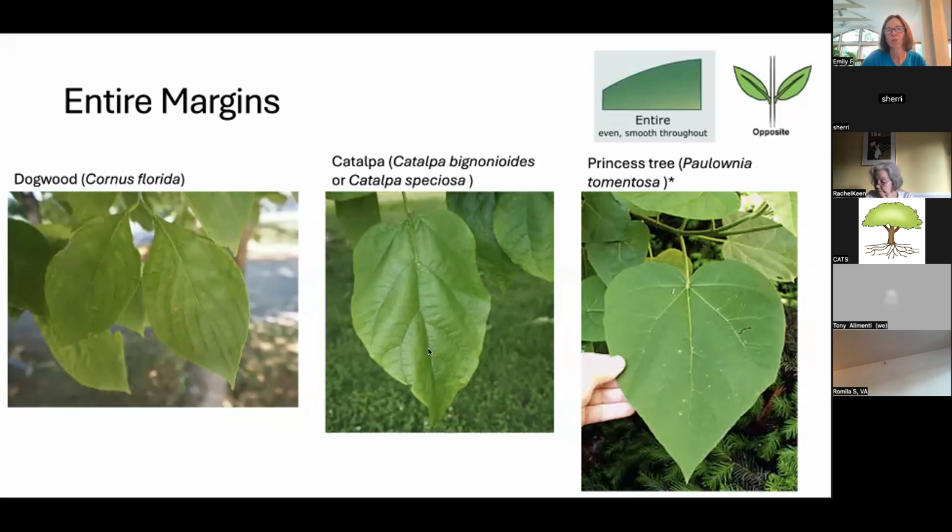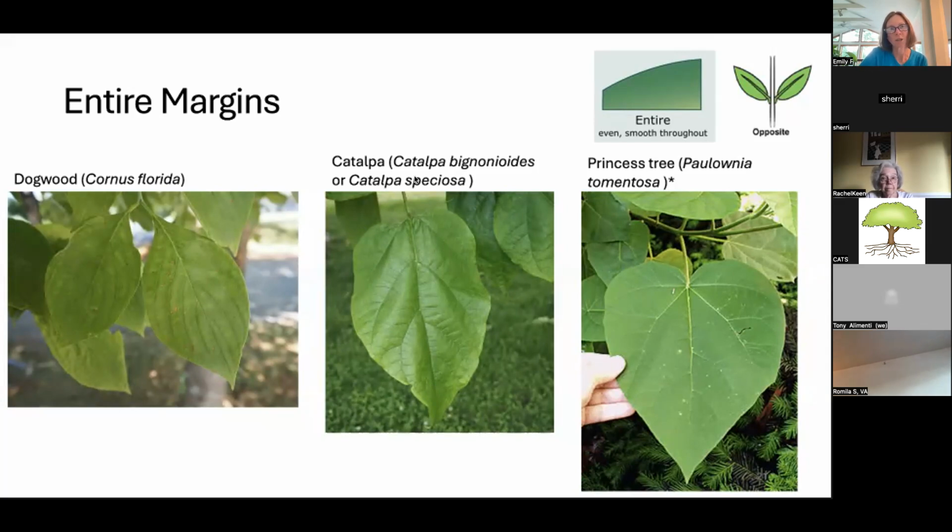As I said earlier, there are two types of catalpas in this area. The southern catalpa is the bignonioides, and with that one you have to look at the seed capsules in order to differentiate between the northern and the southern.